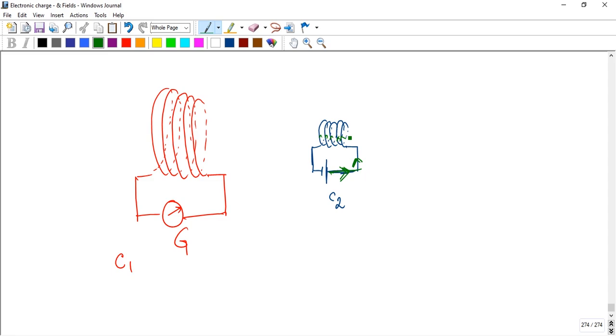This current produces a magnetic field, as we know from the previous chapter, and some part of that magnetic field obviously crosses this coil.